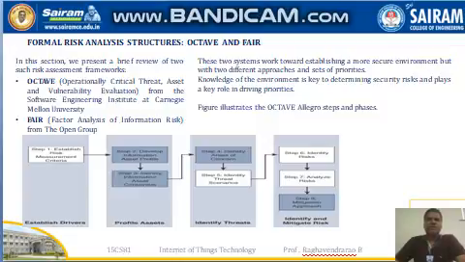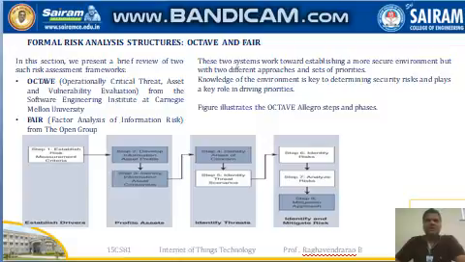It has been developed by the Software Engineering Institute at Carnegie Mellon University, and another one is FAIR, the factor analysis of information risk, from the Open Group. These two systems work together, establishing a more secure environment, but with two different approaches and sets of priorities.